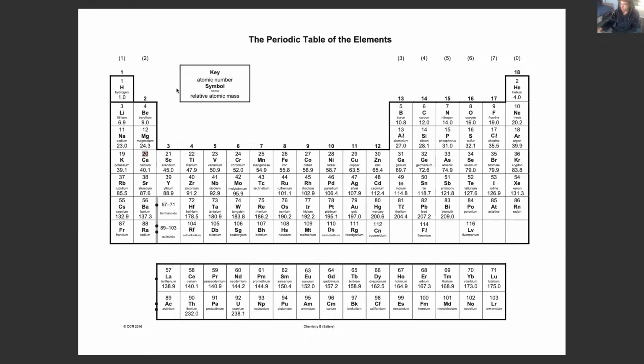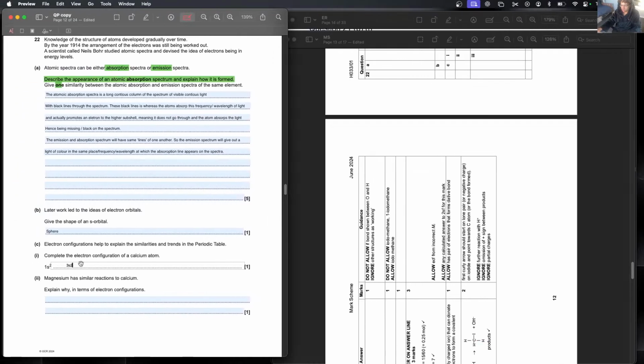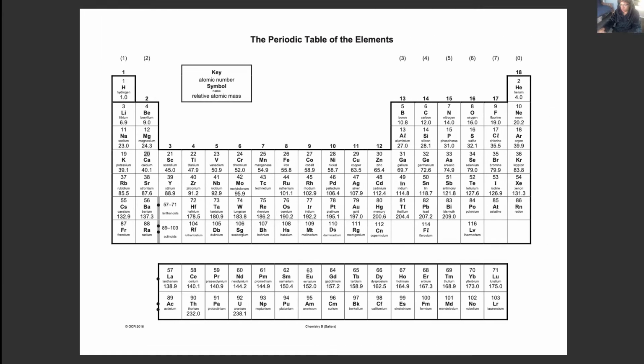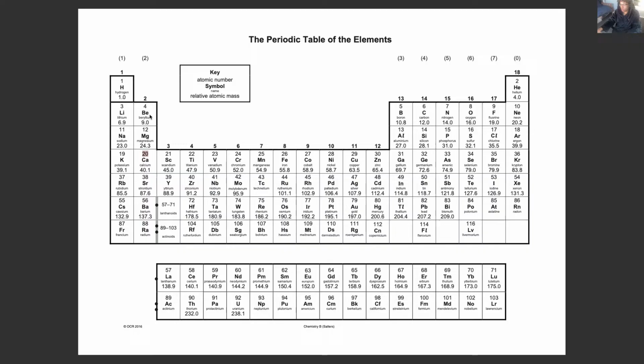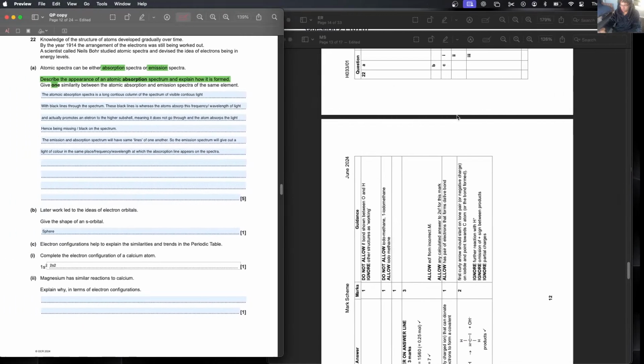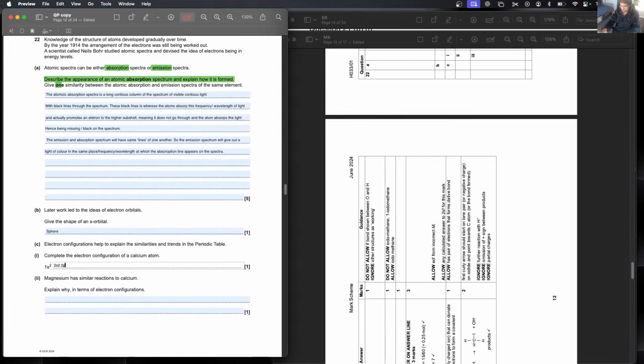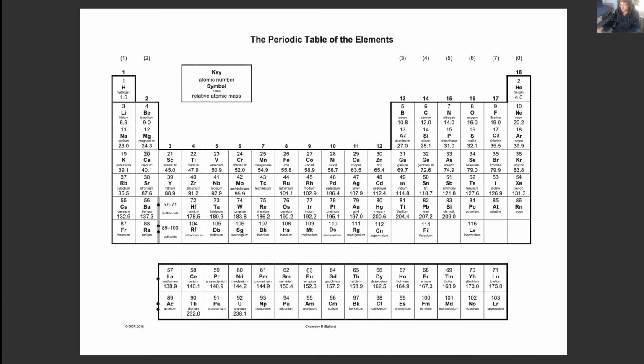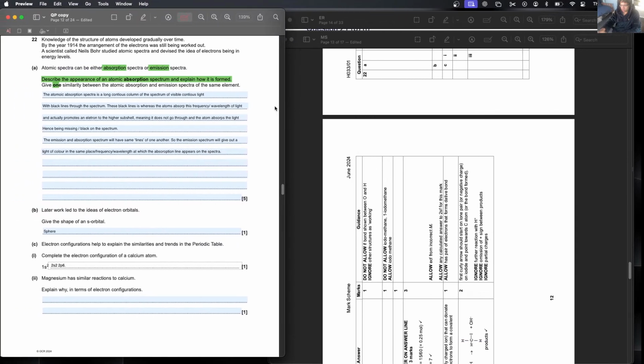Is this 1s2? This is 2s2. So I might as well just go from the order, yeah. 1s2, 2s2 to 2p6, 2p6 to 3s2.